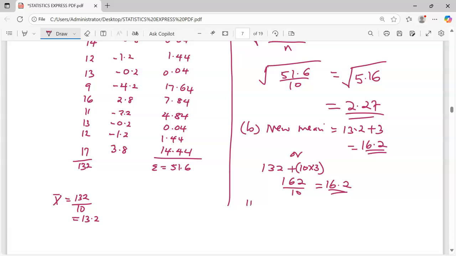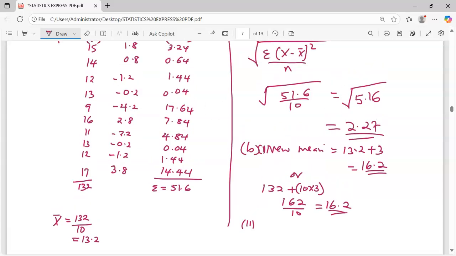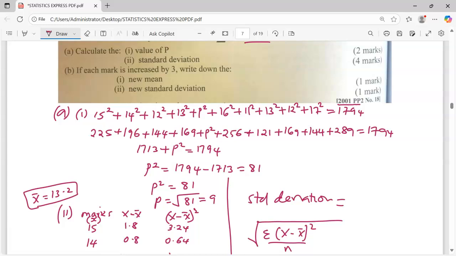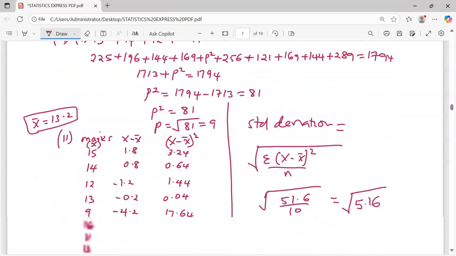Then we go to Roman 2 of part B, and Roman 2 says the new standard deviation. The new standard deviation is not going to change because we are going to increase each by 3 and again divide by the total.